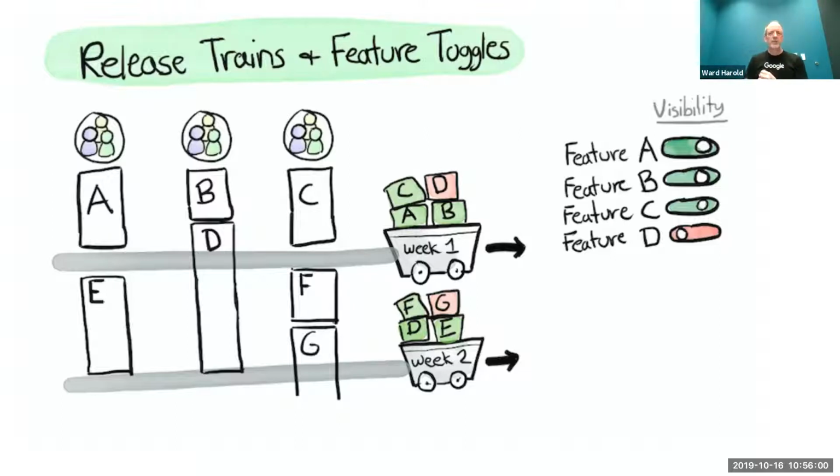And we're going to release these on a cadence. In this particular diagram, it says we're going to release every week. It could be every month. I think the Golang project releases every 6 months, and Chrome releases every 3 or 6 months as well. They all run on these release trains.